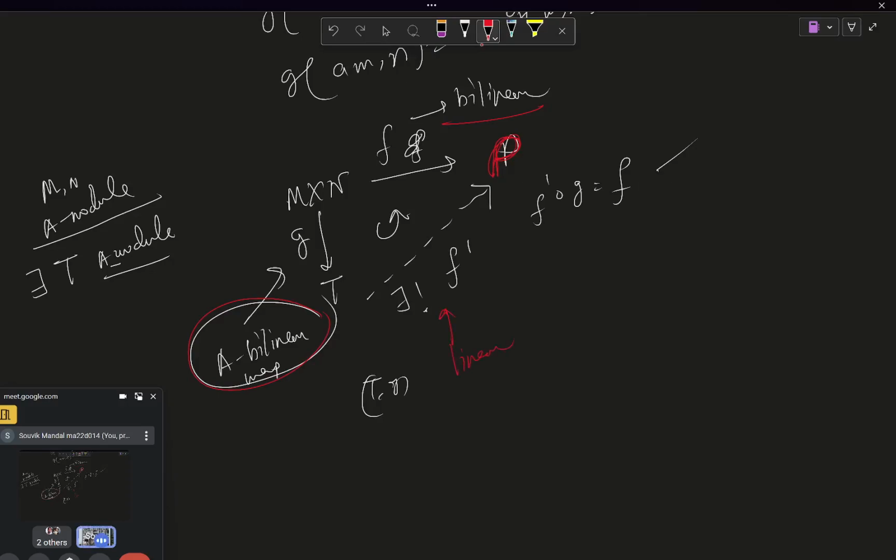Obviously, since you are in modules, everything is linear or bilinear. Then we get a unique linear map from T to P such that this diagonal commutes. So this is the property that is satisfied. The second portion says such a pair T, G is unique. Forget about uniqueness right now. First, you tell me, do you understand the first property which is satisfied?